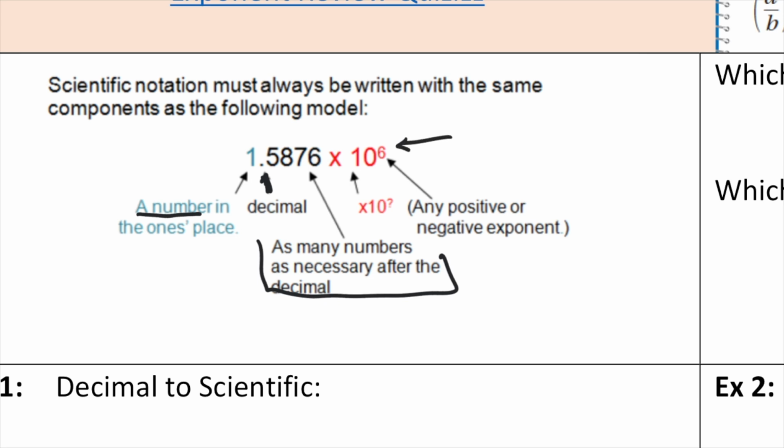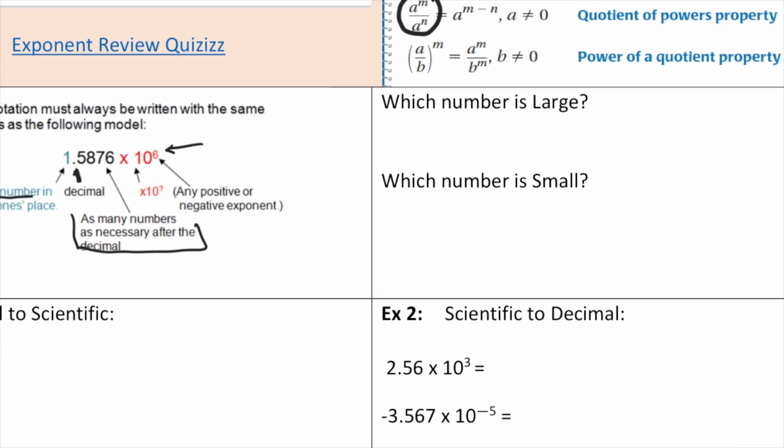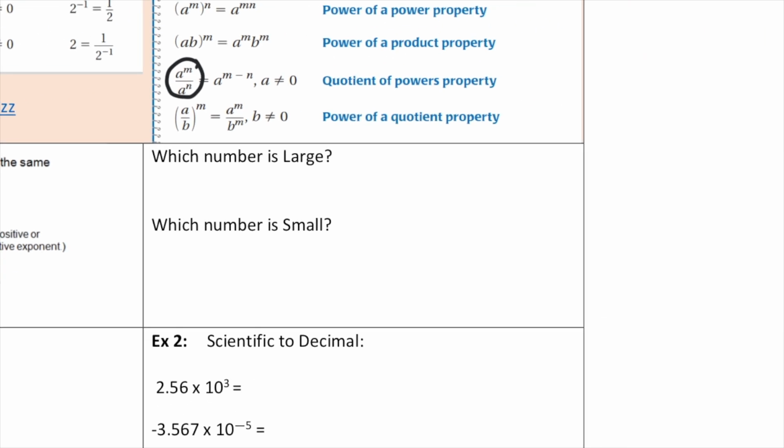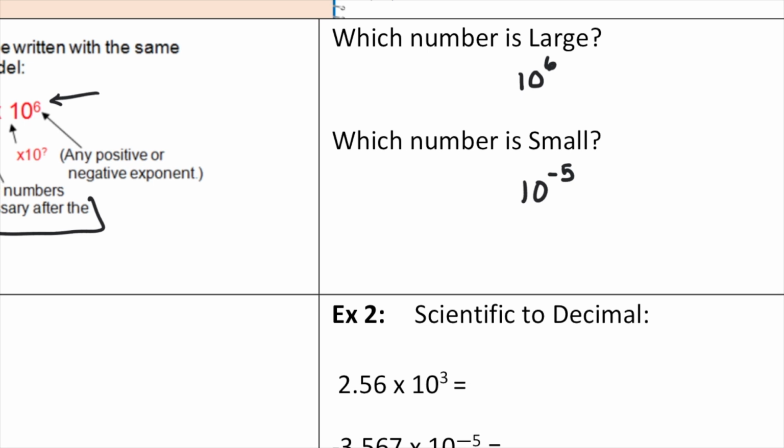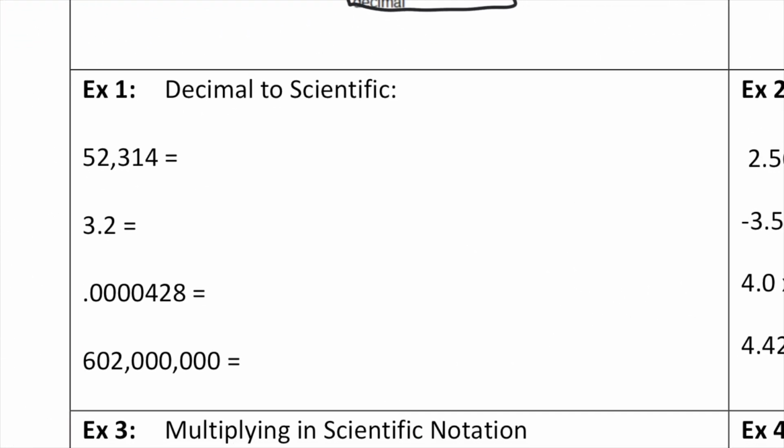Now, this could be 10 to the 6 or 10 to the negative 6, but it's always in the form of a number, a decimal, times 10 to a certain power. As you consider large and small numbers, we're going to consider anything with a positive exponent as a large number, and anything with a negative exponent as a small number. That's just so that we can have a conversation as we look at each problem.